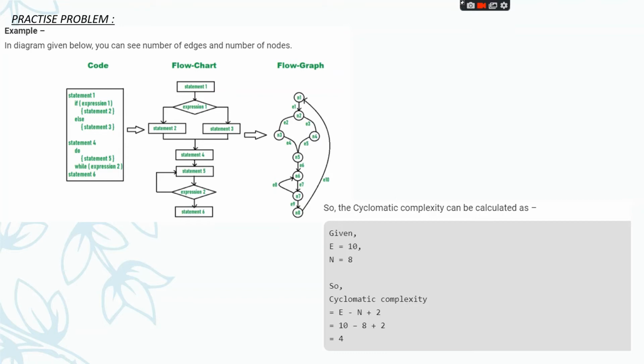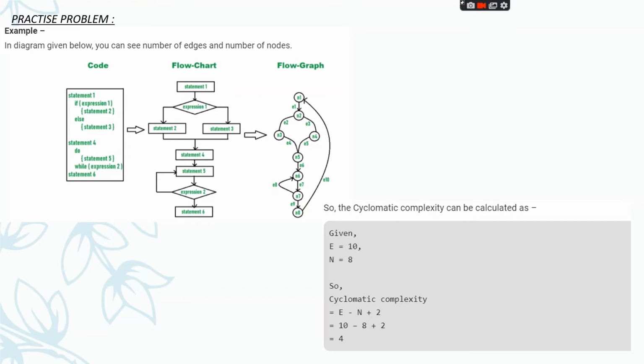These are the nodes N1, N2, N3, N4, N5, N6, N7 and N8, and the edges are the pointers E1, E2, E3, E4, E5, E6, E7, E8, E9 and E10. That is the condition, true or false, and when it points to the next step, that can be referred to as an edge.